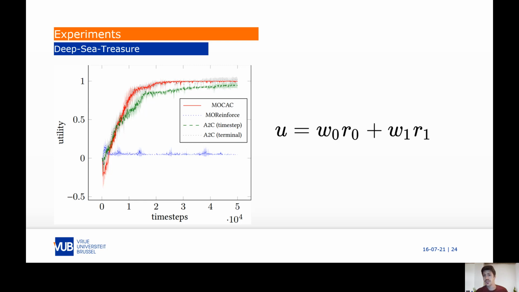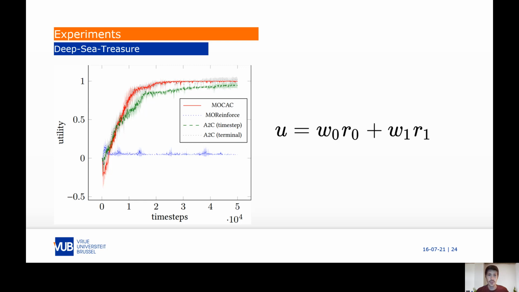In this case, it's because REINFORCE is stuck reaching the first treasure. The single objective baselines are also able to converge to optimal behavior. This is to be expected, especially since the utility matches with the correct utility, and you can apply it at every time step.